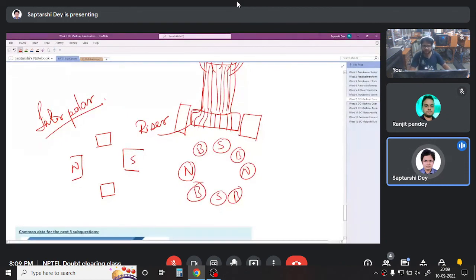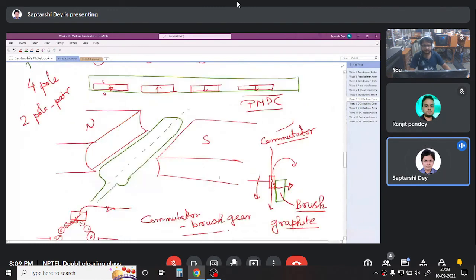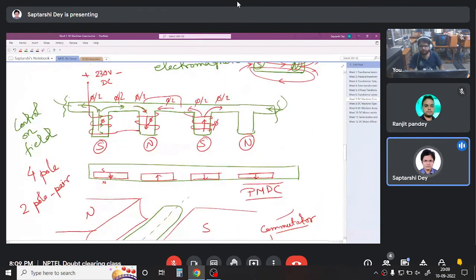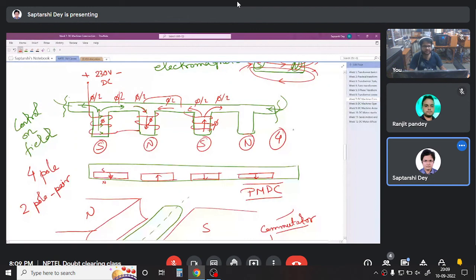So why did I discuss all these properties? I will come back here. I told you that this is how we create poles on a DC machine, four salient poles on the stator. But how to create poles on the armature? There we don't have salient poles, we have distributed windings.